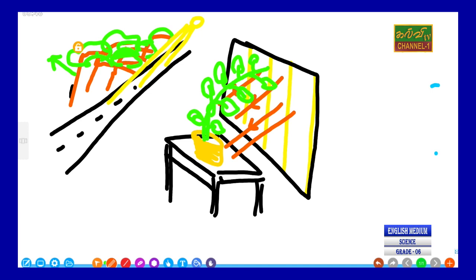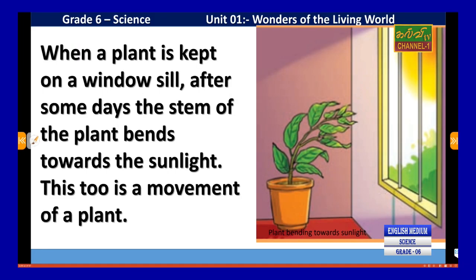Right, come to the slide. Here, when a plant is kept on a windowsill, after some days, the stem, every student knows that, what does stem mean? This is the stem. Here I have marked it in blue color, the thickest blue color, that is the stem.